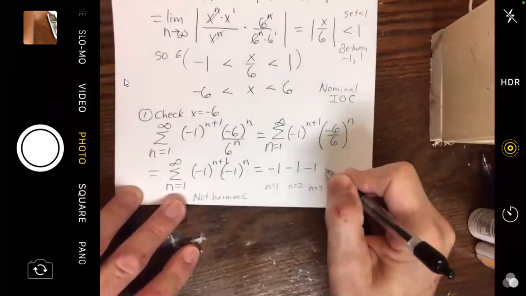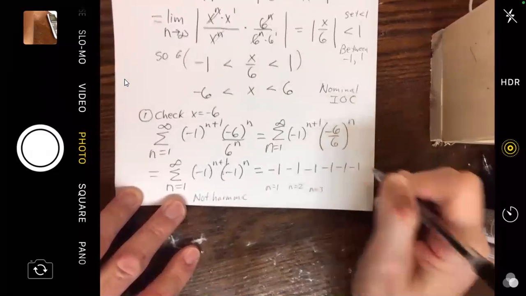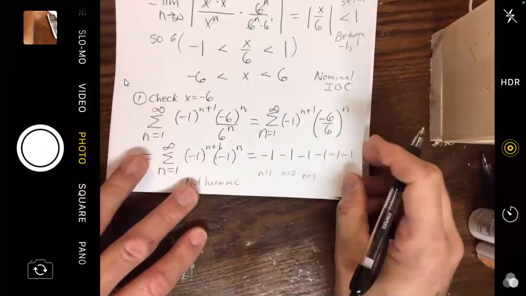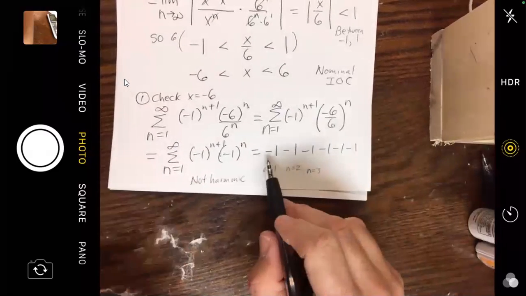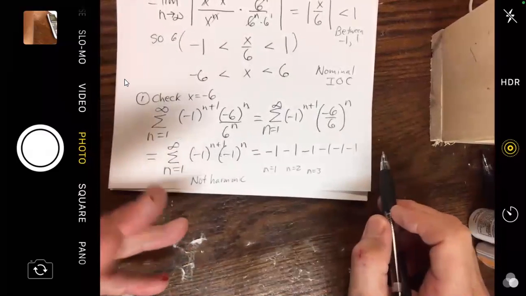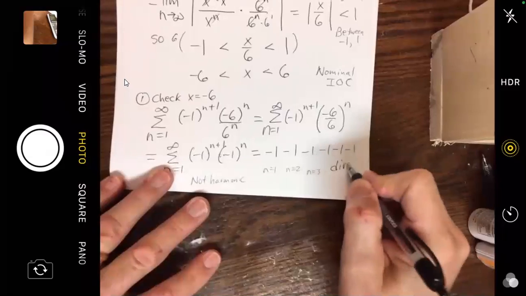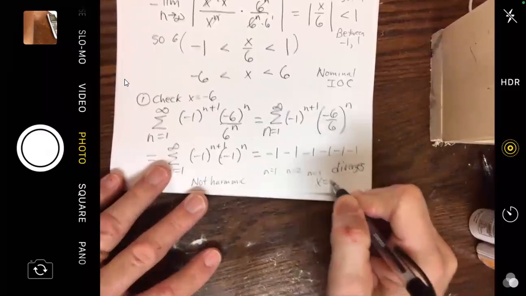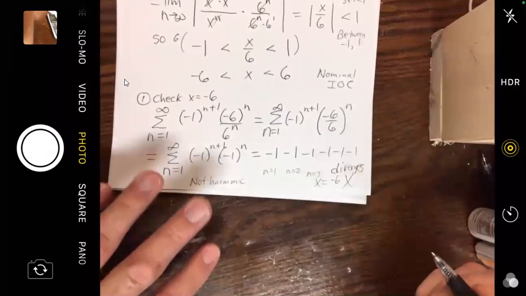See how they're all negatives? So it's converging. Oh, wait, no. Well, think about it. It's diverging. You're just adding -1 to infinity, right? Divergence. So x equals -6 does not work.